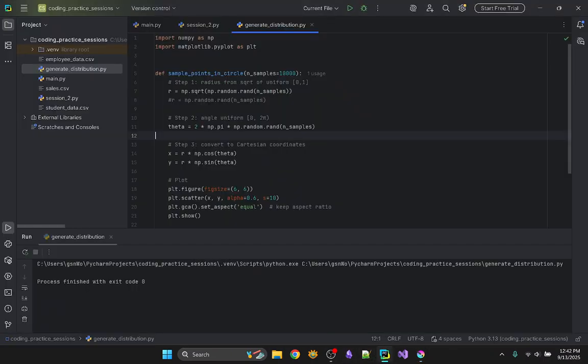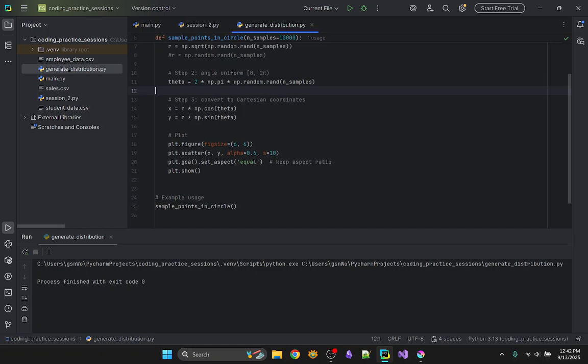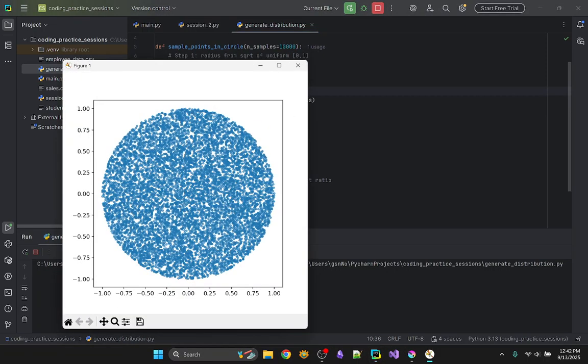Here we generate a random number, and then we take the square root of that random number, and then we choose a random uniform angle, and we do this a bunch of times and then plot it on a circle. And that looks like this, which, I mean, it looks uniform, so that's good.